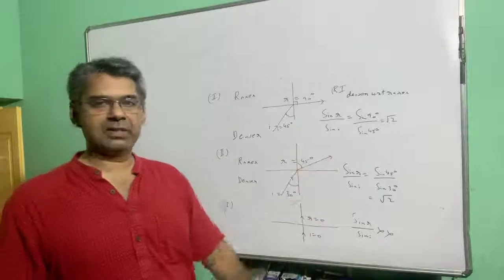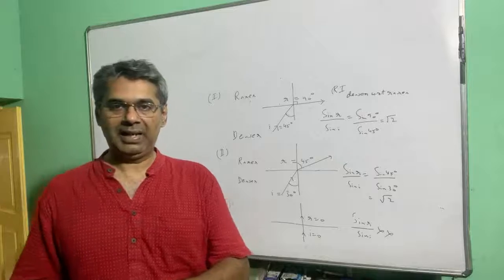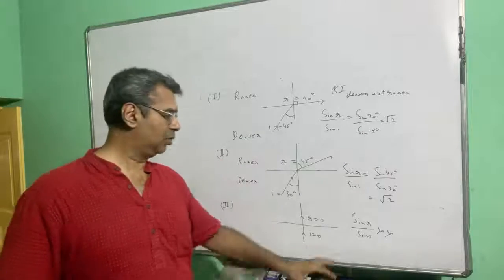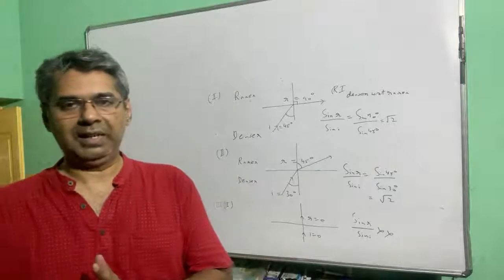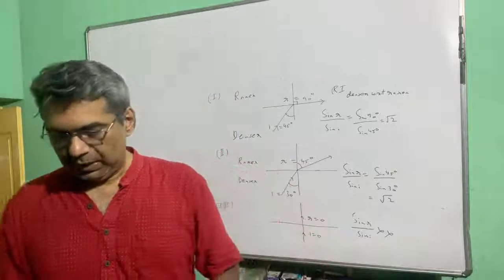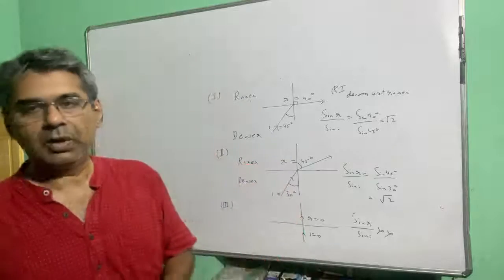So the refractive index is √2, and it will be √2 irrespective of whatever combination of I and R you use. Only there must be some refraction. If there is no refraction at all, for whatever reason, you cannot use the formula sin I by sin R or sin R by sin I, depending on which one you want to use. So this is the first thing I wanted to discuss in this video. Now let's move on to the second thing.